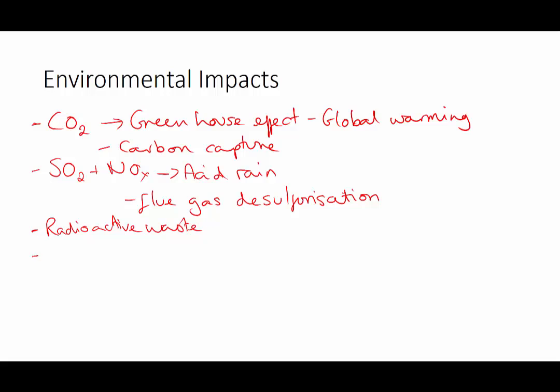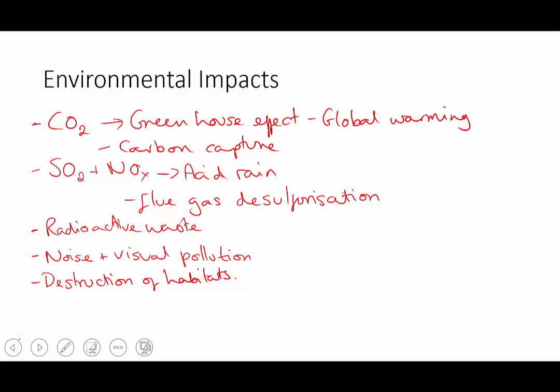Other environmental impacts you need to know about are noise and visual pollution, which we particularly talk about when we're looking at wind turbines, and also the destruction of habitats, which we tend to talk about in reference to hydroelectric power.